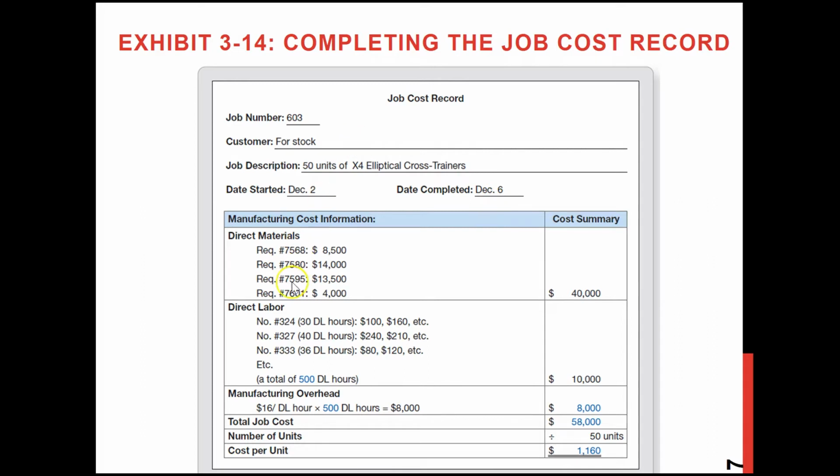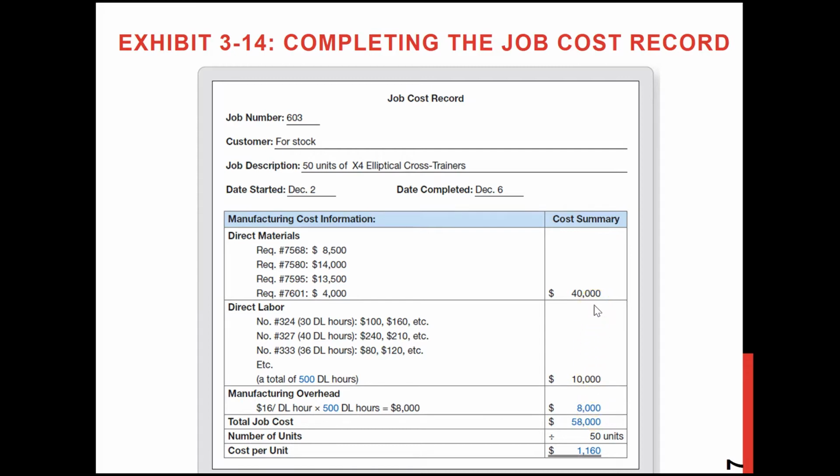Now you will fill up this sheet. We already had our direct material cost and we figured out our direct labor cost. Now, by using those two formulas, we just calculated our manufacturing overhead cost, which is $8,000.